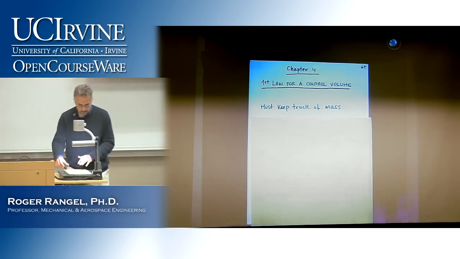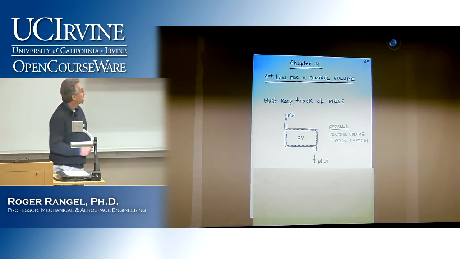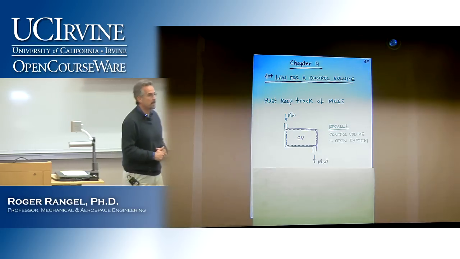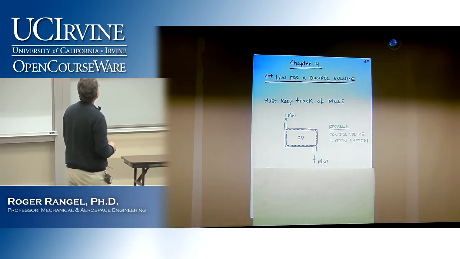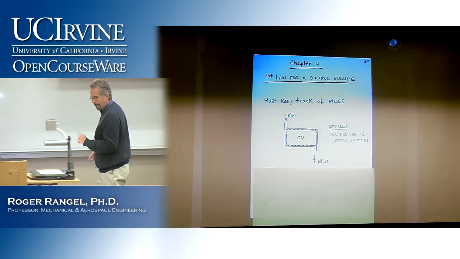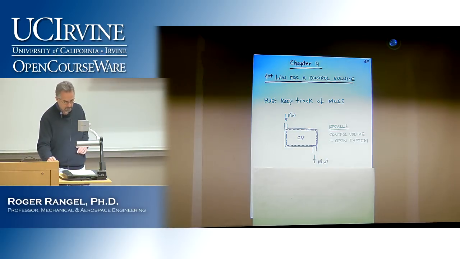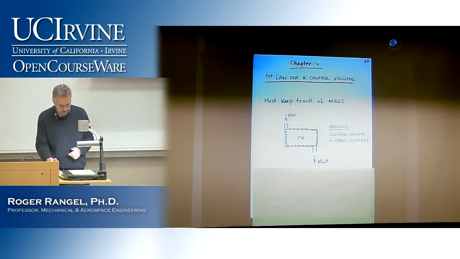And the situation could be as simple as this, for example. Let's say you have a tank, like the ones we have seen before, but this particular tank has two openings. It has an inlet and it has an outlet, and there is mass coming in through the inlet and mass leaving the system through the outlet.